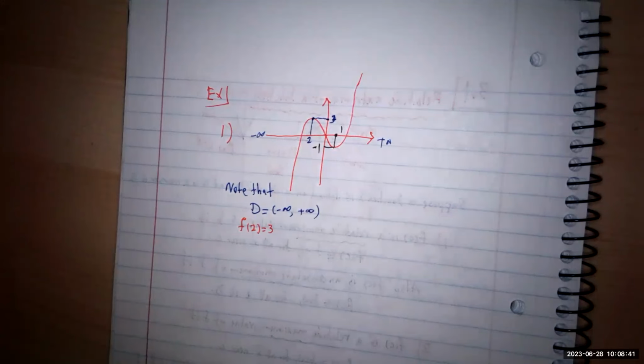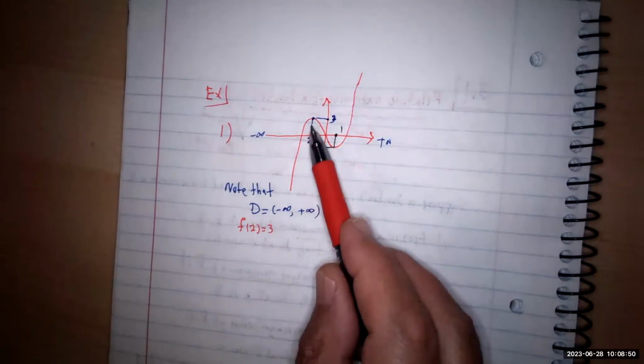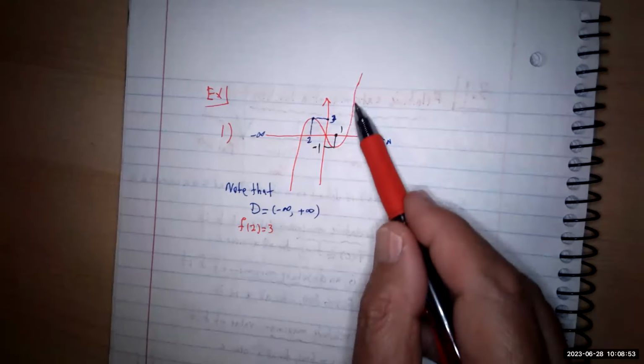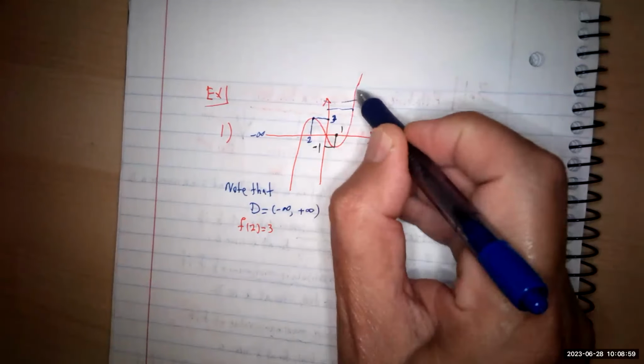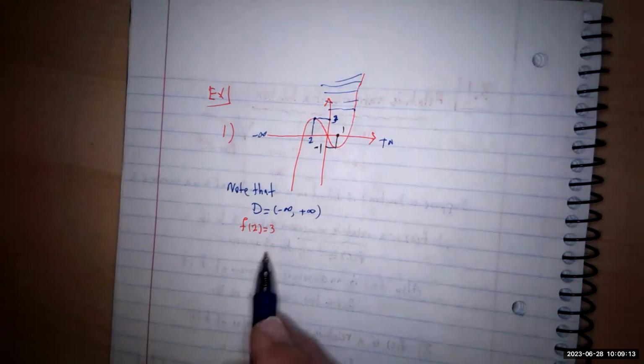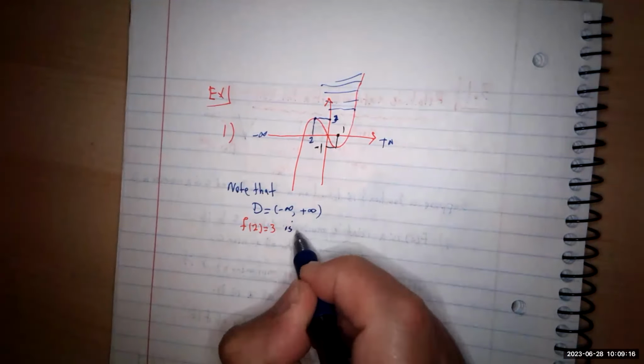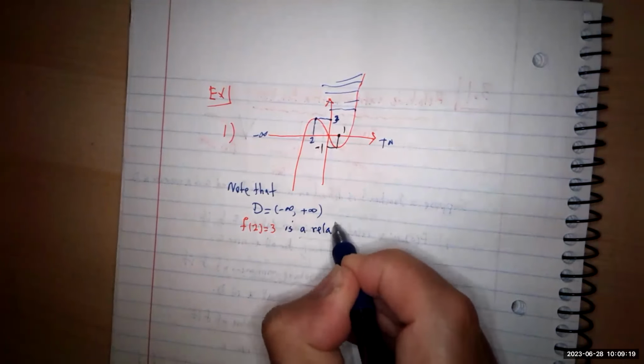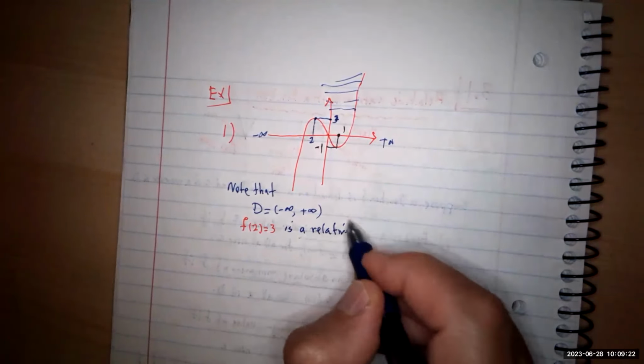It's going to be relative, because this is not the end of the function. Your function is going up, up, up, so there are some other numbers above the 3. If you forget about everything else, this is a maximum, but if you bring in the other part of your function, it's not the maximum because there are numbers above it. So f of 2 equal to 3 is a relative maximum.